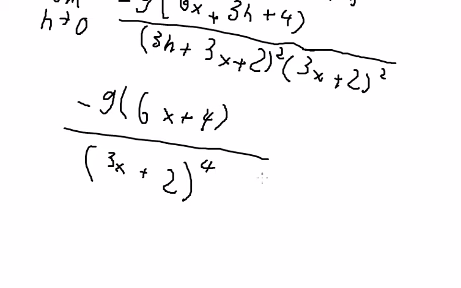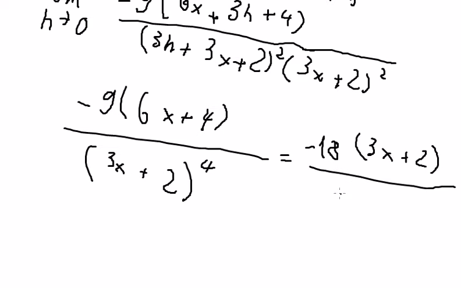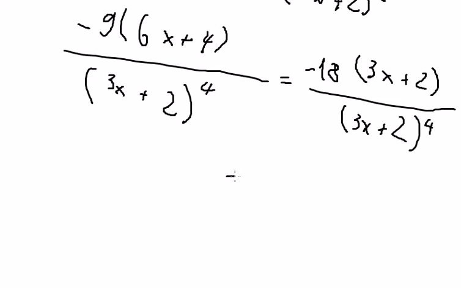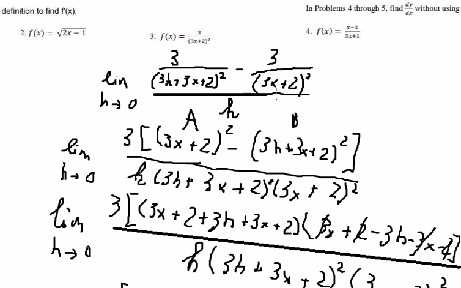This one we put number 2 outside, and you got about negative 18 (3s plus 2) over (3s plus 2) to the power of 4. So you got about negative 18 over (3s plus 2) to the power of 3. Now let's go to the next one.